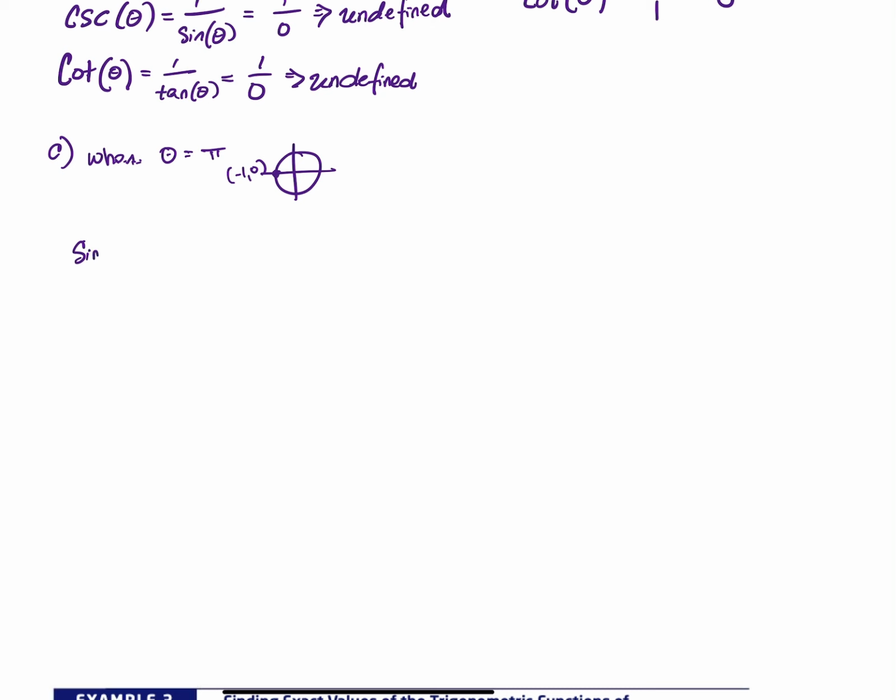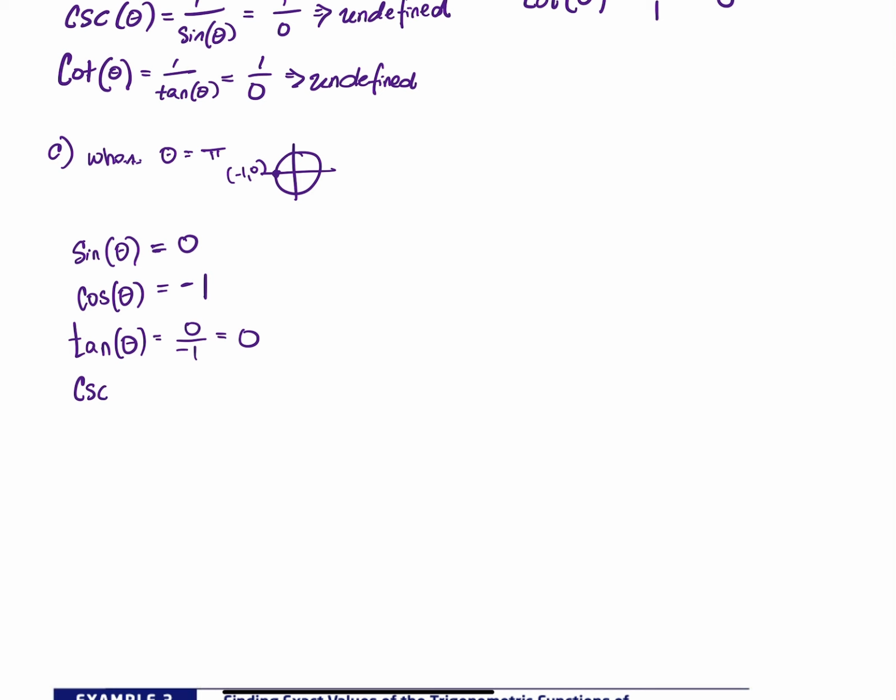The sine of theta, whenever theta is equal to pi, or 180 degrees, will be 0, the y-coordinate. The cosine will be -1. These values can be negative because we'll be in negative parts of the quadrants. The tangent is sine over cosine, so 0 over -1, that will be 0.